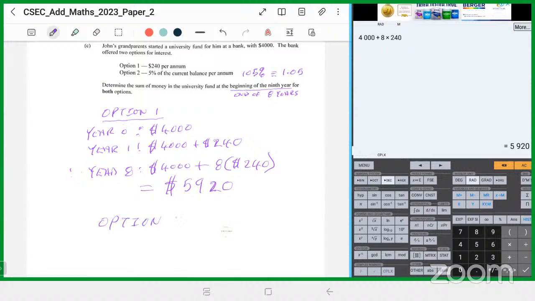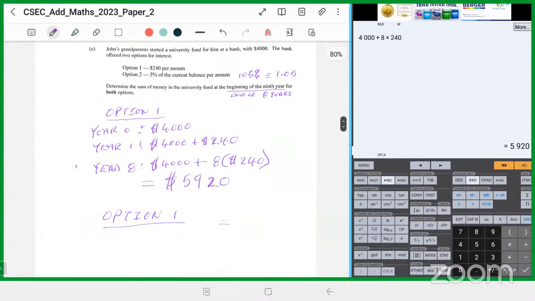Option 2. In option 2, year 0, we have the same amount of $4,000. This sum doesn't mean that we're summing the values. This sum means the total amount of money in the account.